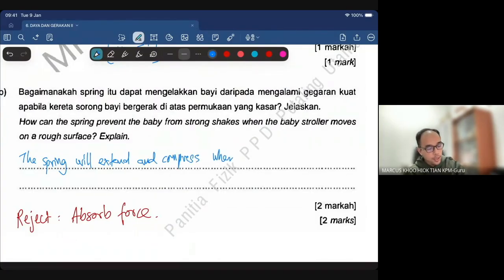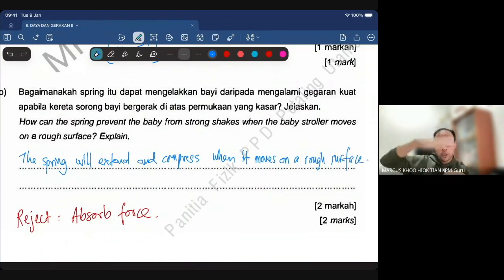As it moves, the stroller is going up and down, so the spring will extend and compress. I think that's logical.